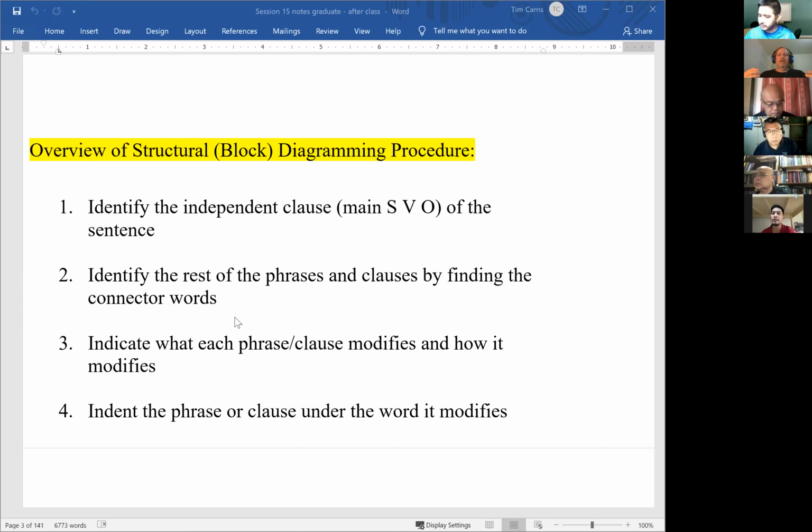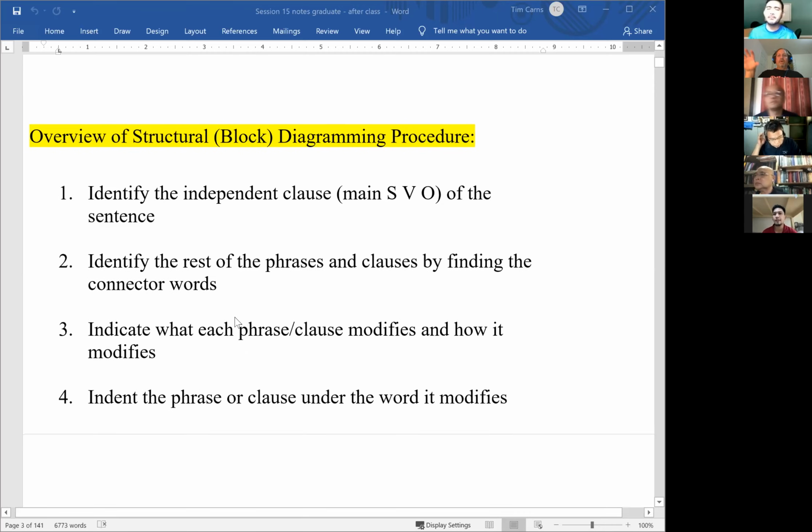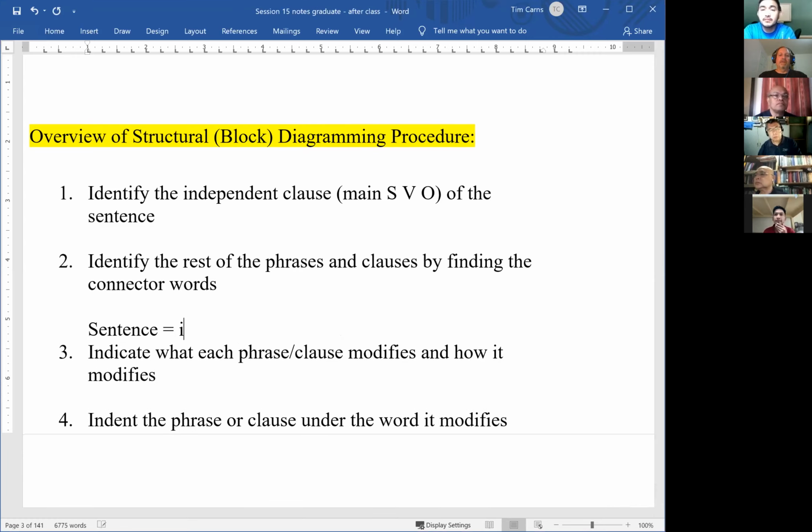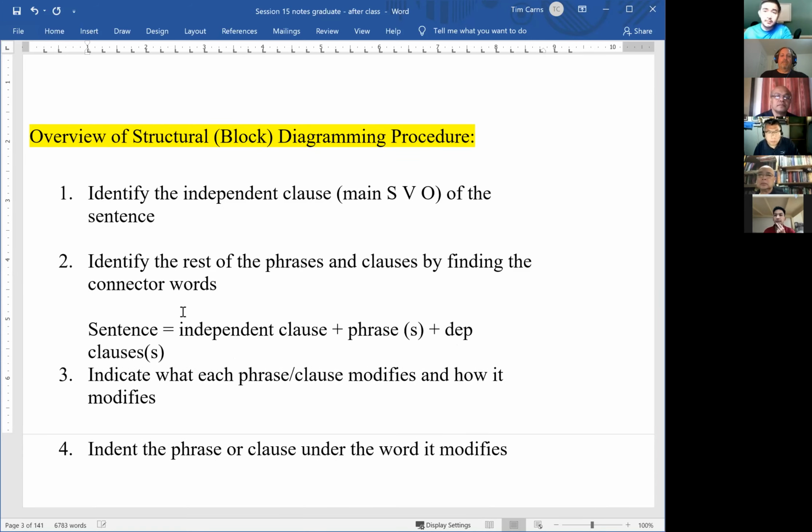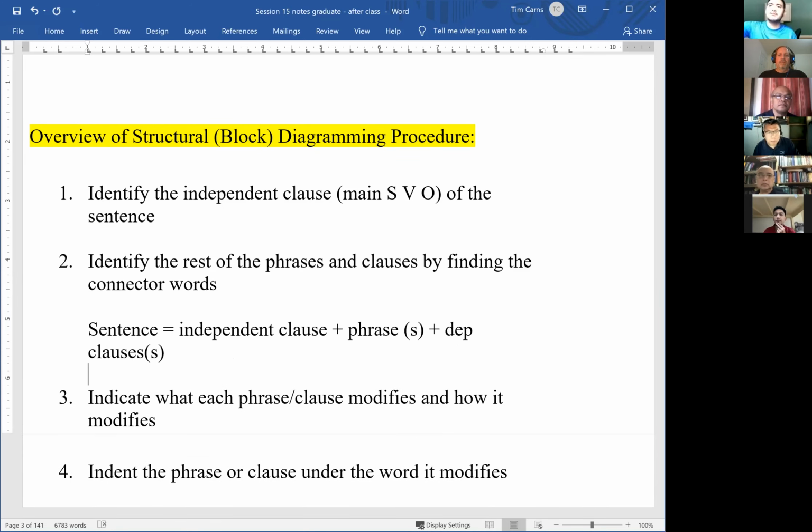After you identify that, the second step is to figure out the rest of the phrases and the clauses that are in the sentence. Again, we remember that a sentence is essentially made up of an independent clause that presents the central thought, the complete thought, and then there are additional phrases and dependent clauses that are part of that sentence.